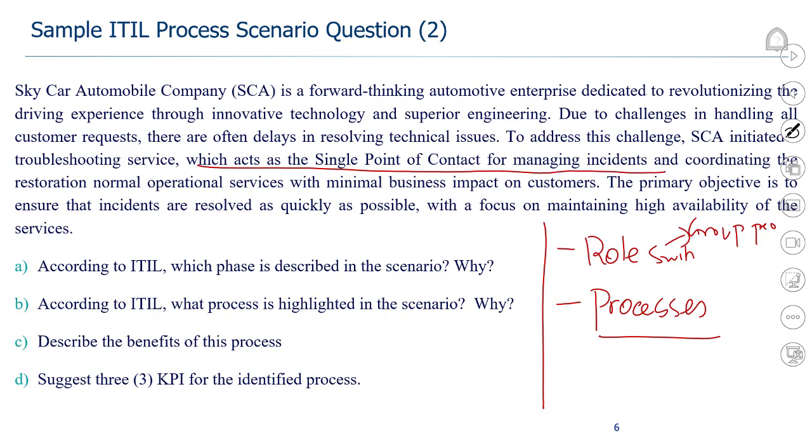That one there is a role. This is a service desk role, SD, for managing incidents. Anything you see for managing incidents, we are talking about incident management and coordinating the restoration of normal operations.